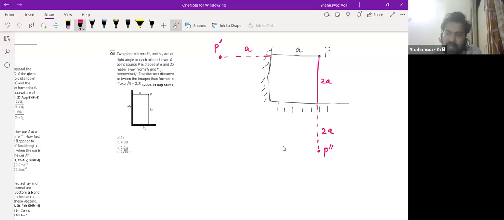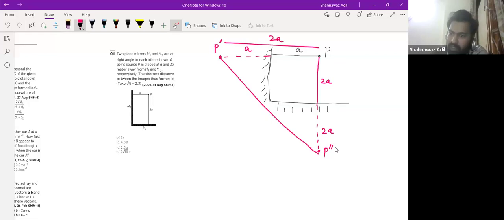Now we have to find the shortest distance between these points. How can we calculate this distance, guys? This thing is 2a, this thing is 4a.